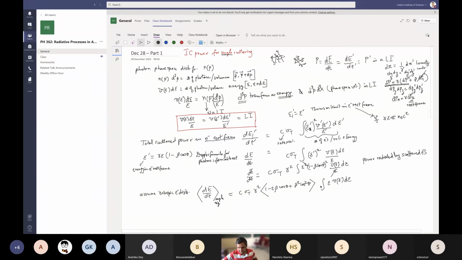So v(epsilon) d epsilon was the number of photons with energy epsilon to epsilon plus d epsilon, so v(epsilon) d epsilon is just a number dn times the energy. So this becomes U_ph, the energy density of photons in the lab frame.